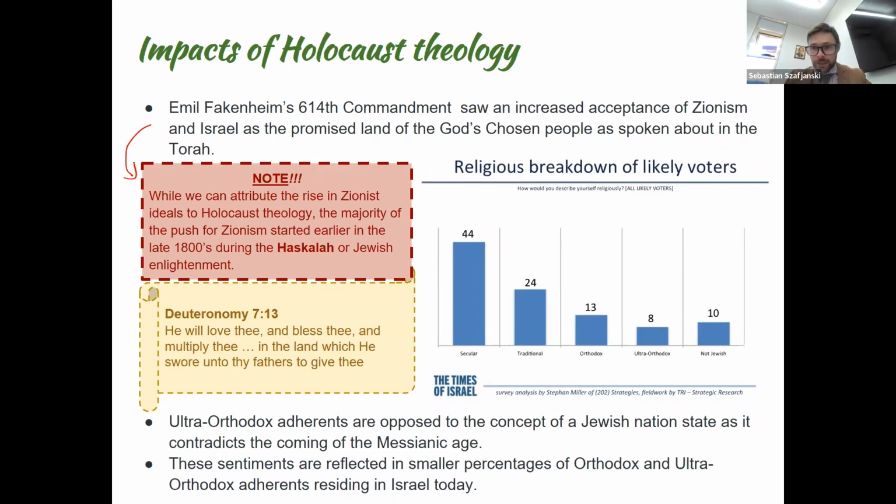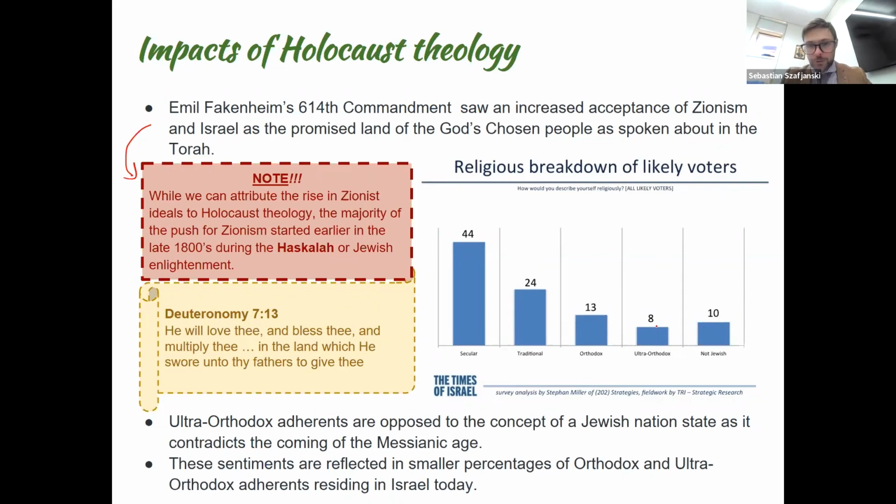Okay, you can see that this is, in the times of Israel, a snapshot of the demography of Israel today, and so many ultra-Orthodox adherents opposed the concept of a Jewish nation state as it contradicted the coming of a Messianic age.